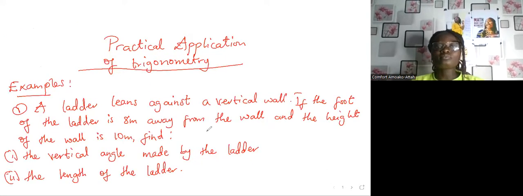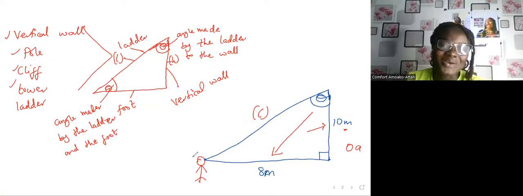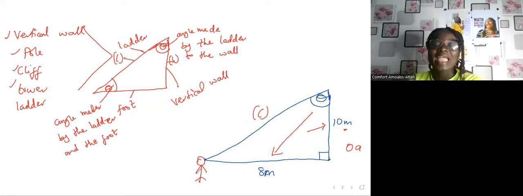What again? If the foot of the ladder is 8 meters, let's assume we have Akosia, because I am Akosia. So we have Akosia over here, and this is the wall of the class. And Akosia is standing 8 meters away from the wall. Now this is the distance between Akosia and the wall.